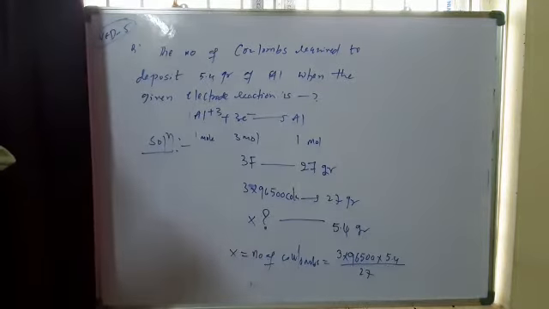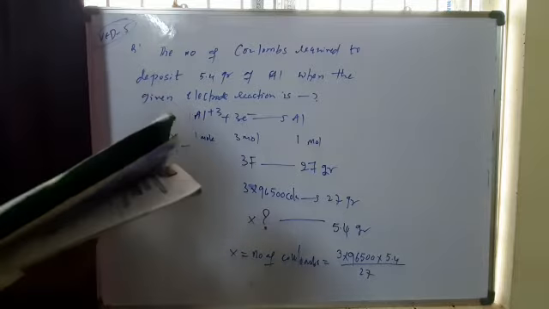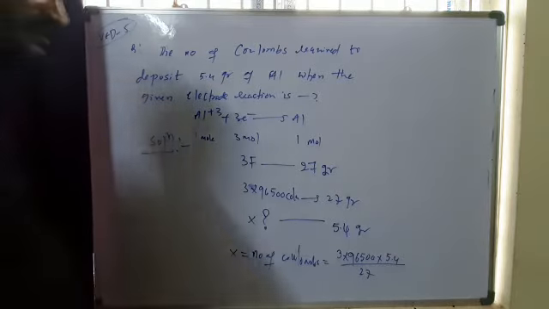If you simplify that, you will get 57,900 coulombs.